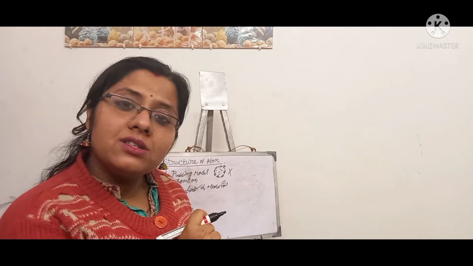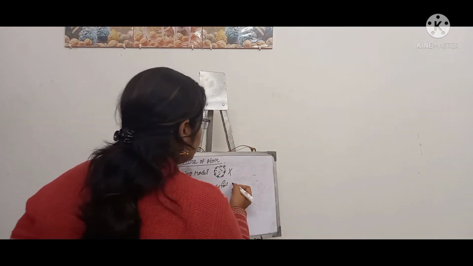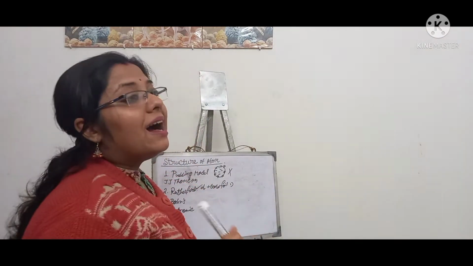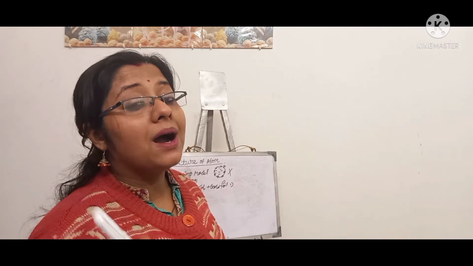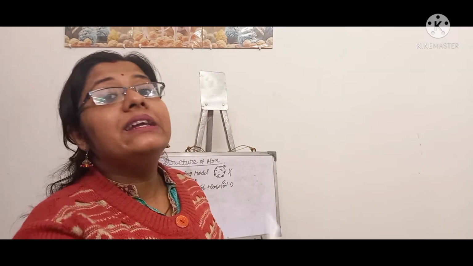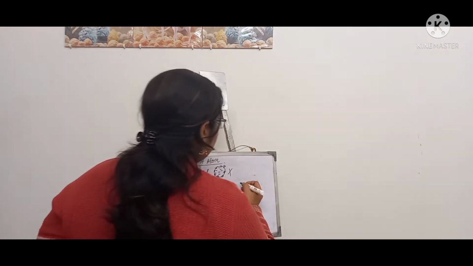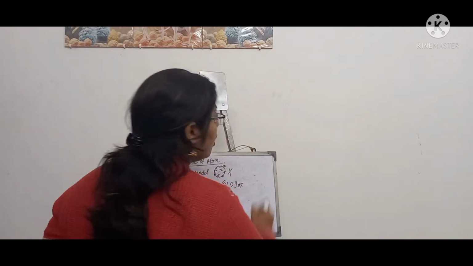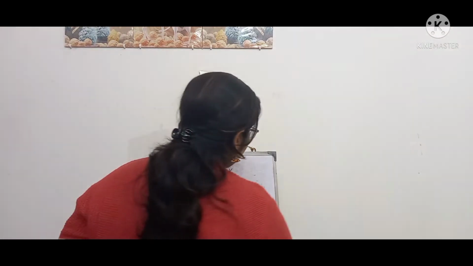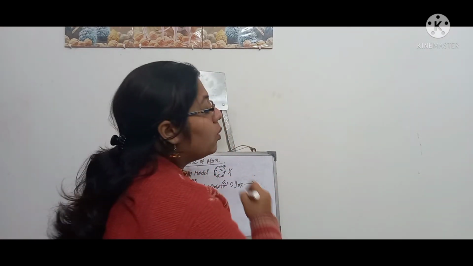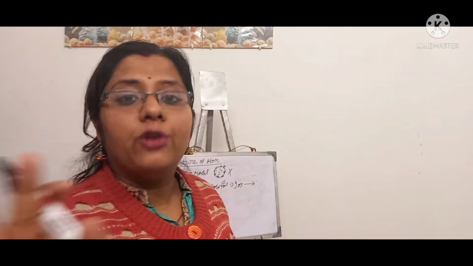So what was the first observation? The first observation was most of the alpha particles moved through the gold foil without any disturbance. Almost 90% of alpha particles moved through the gold foil without any disturbance.